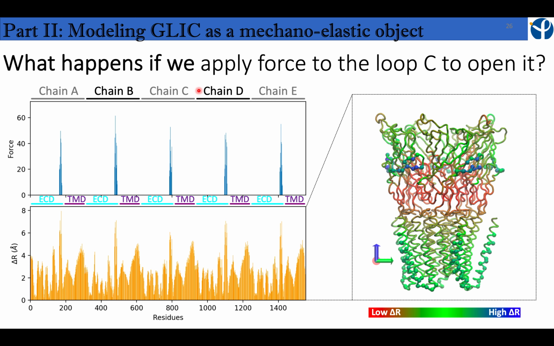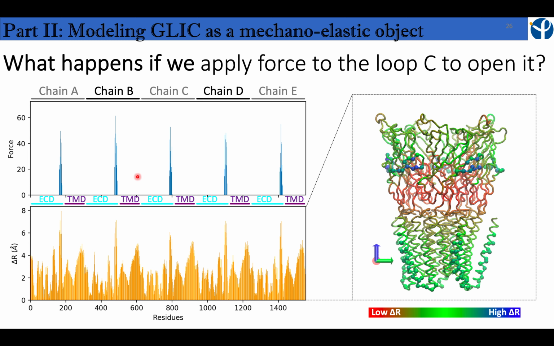Now let me explain this plot in this slide. I am applying force to loop C, which I showed in the introduction part of my talk. The top plot shows where the force is applied, and the amount of force.